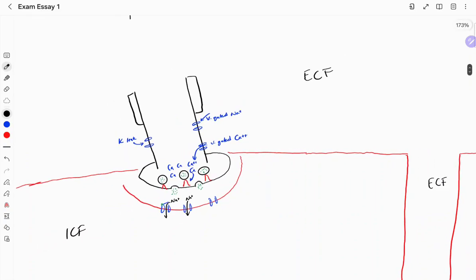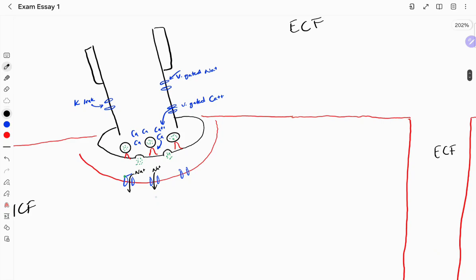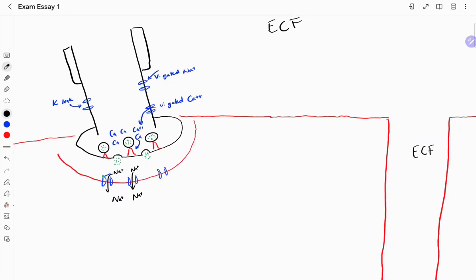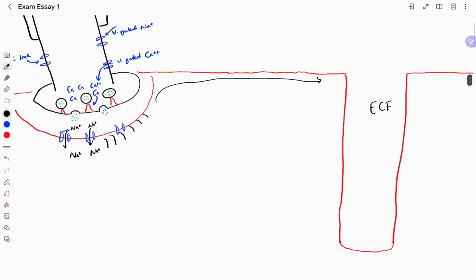And now, the sodium that's coming into the cell is going to cause our depolarization, which further propagates our action potential along the membrane all the way down, down, down, as we reach the T-tubule and come down this way.